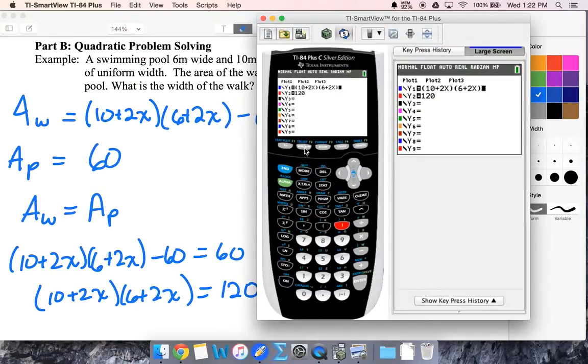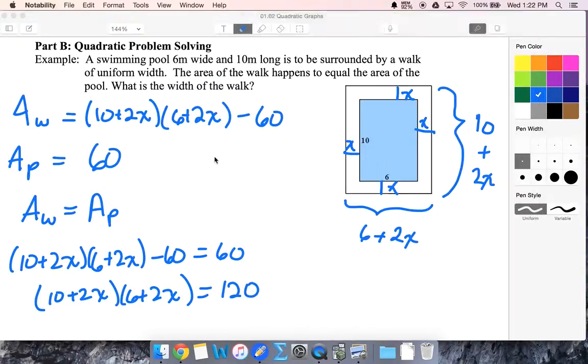So right now, I don't have a feeling for, actually that's not true, let's come back and look at this. I know that this x value has to be less than 6. Actually, it has to be less than 3, because if this was 3 and this was 3, then we'd have no pool in the middle, because 3 plus 3 would make a total, that doesn't make sense. Sorry, no. I take back what I was saying.